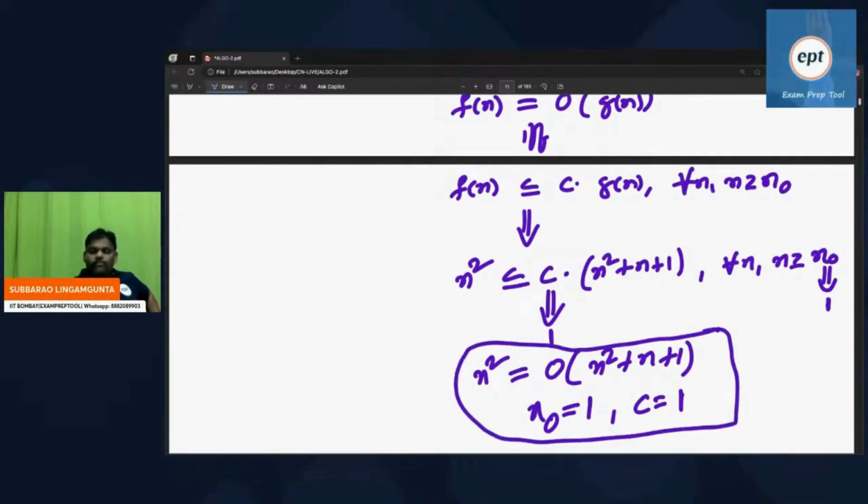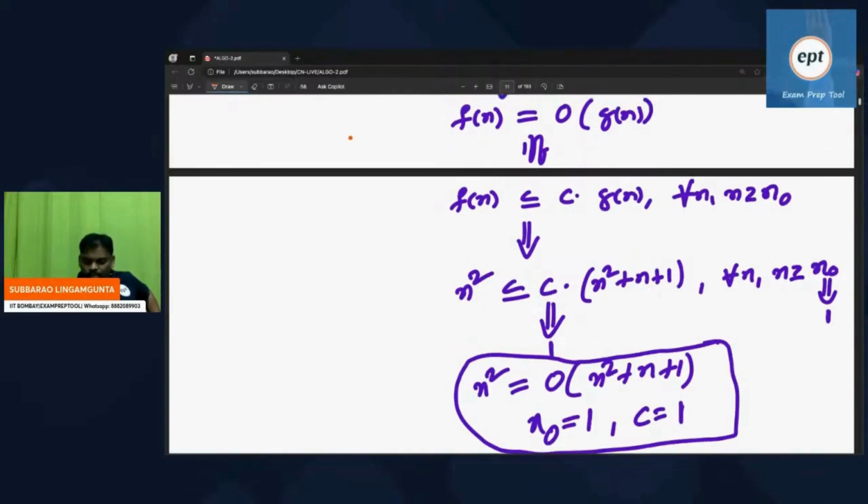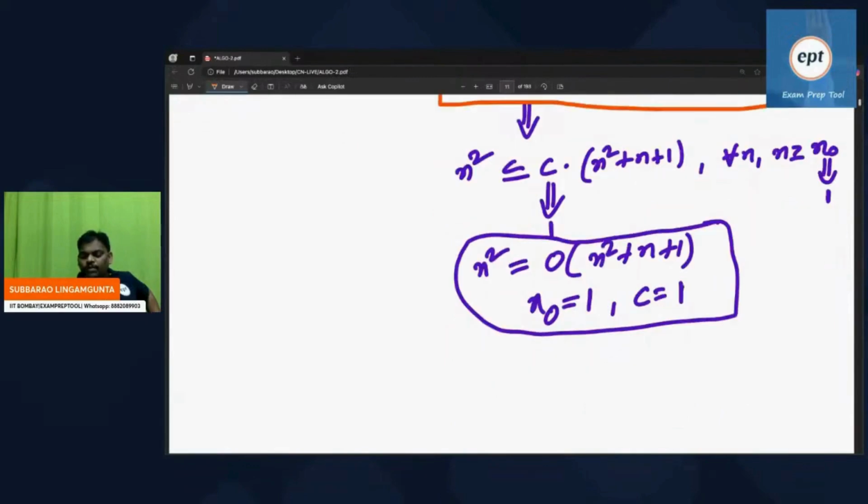So this is the answer. Big O notation has one condition. If you can satisfy this condition, then you can say that between those two functions Big O notation holds good. I am able to satisfy it, so I can say Big O notation is satisfied.